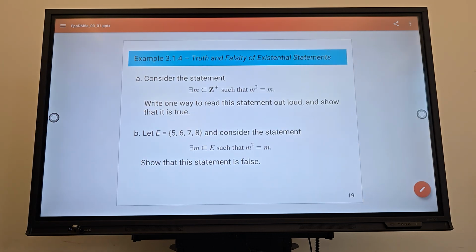So, consider the statement: there exists m that's an element of the positive integers such that m squared equals m. Is that true?